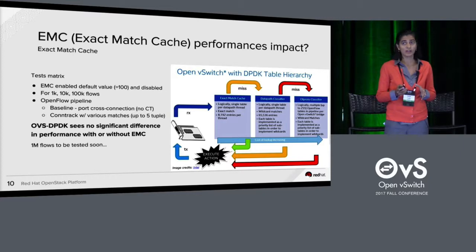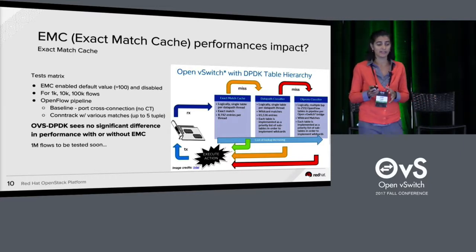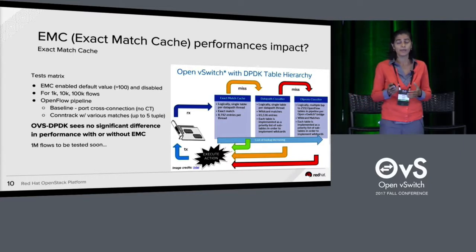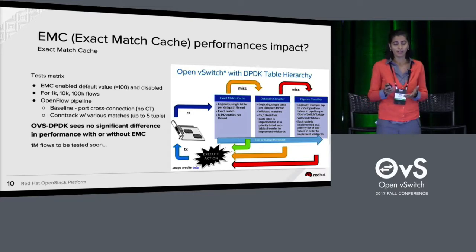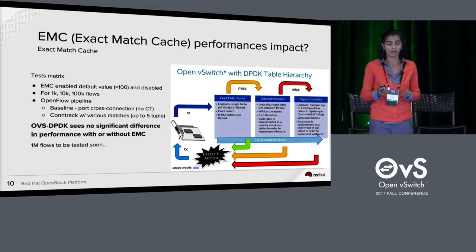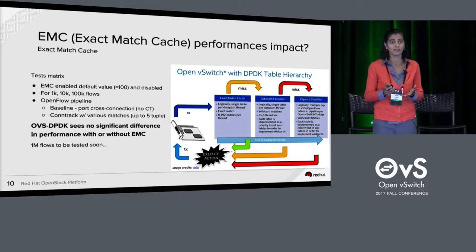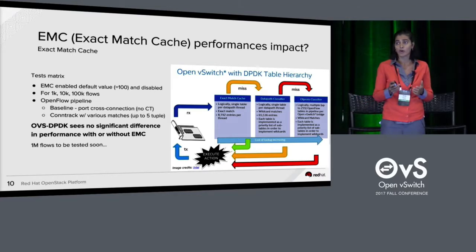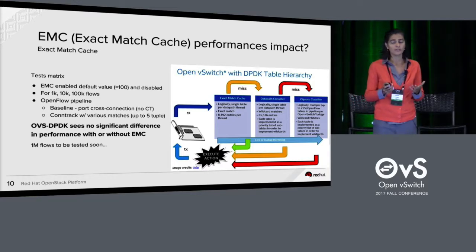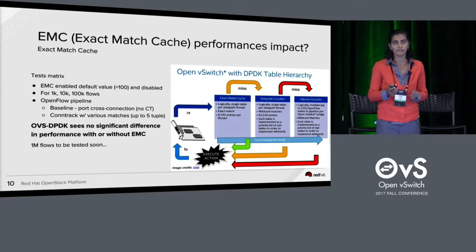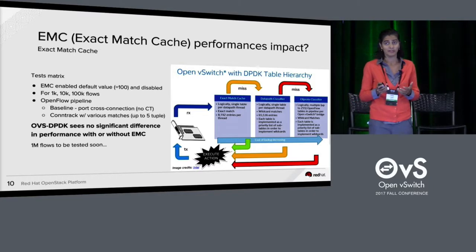We had a lot of discussion today about EMC, the exact match cache, and its impact on OVS-DPDK. Given that we are looking at 4 million packets per second, there is, for us, not a significant impact by enabling or disabling the EMC. We're seeing like 5% to 7% difference, and maybe with the membership library from Intel, with 1711, we might see better.